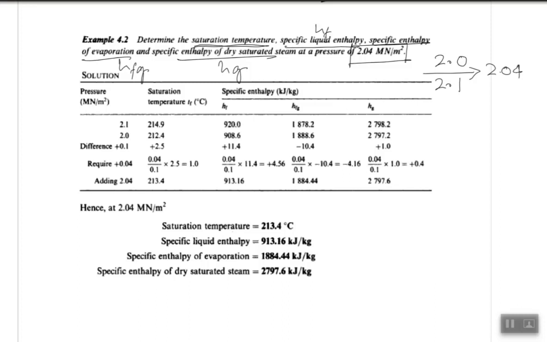So at a value of 2.1 and a value of 2.0, we would have values of temperature. Let's say at 2.1, we have a temperature of 214.9. At 2.0, we have a temperature of 212.4. Let me write it down somewhere here: 2.0 is 212.4.